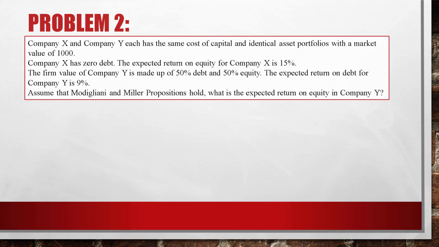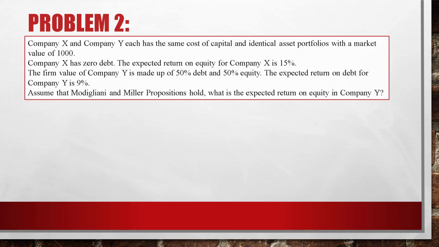So here we have 2 companies with the same cost of capital. Company X has no debt, and its expected return on equity is 15%. Y has 50% debt, 50% equity, and the return on debt is 9%. And here we have an assumption of the propositions.